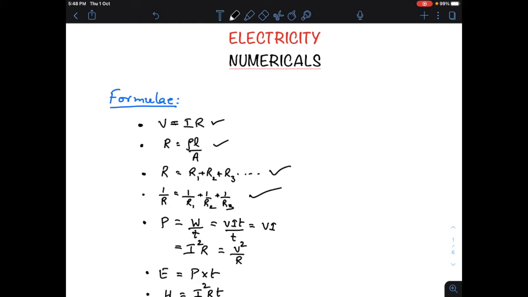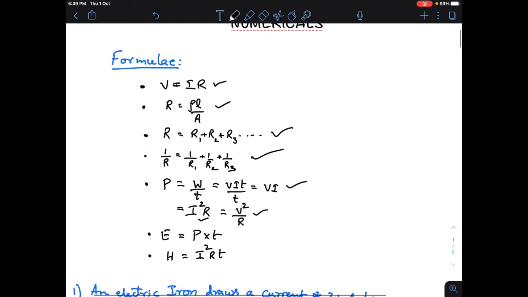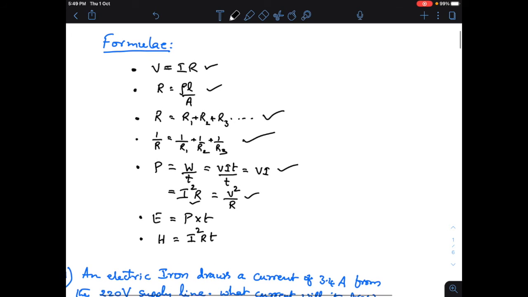Power is equal to VI, or power is equal to I square R, or power is equal to V square by R. Based on the data which is given, we will use one of those formulae. Then energy is power into time, and heat developed is I square RT. So now we will see the problems which cover all these different formulae and how to solve the numericals.